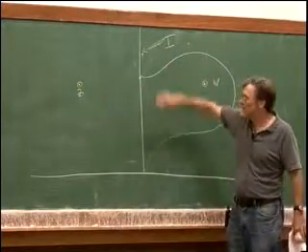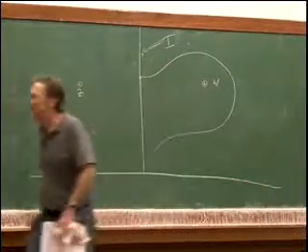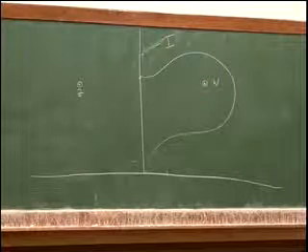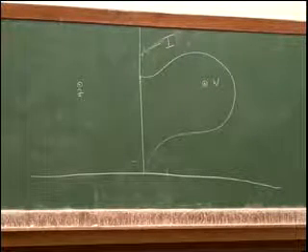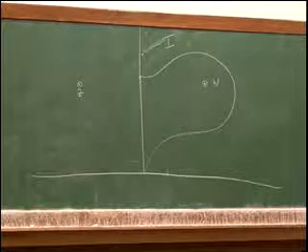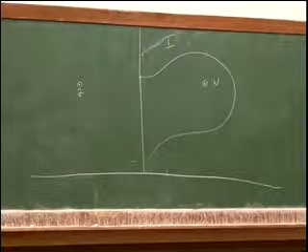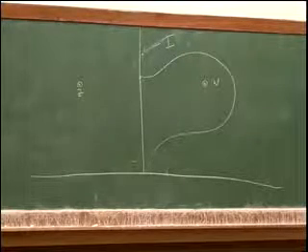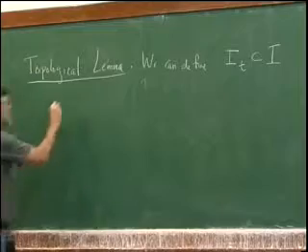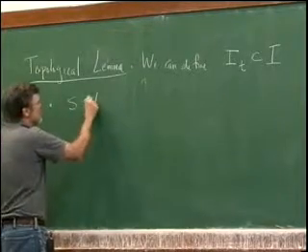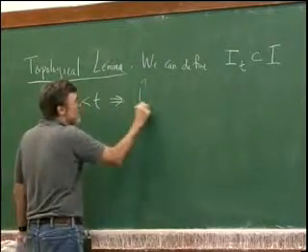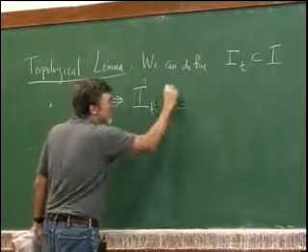So it starts with the whole line. But now, the real properties we want are the following. We want them to be decreasing. So S less than T implies I_T is contained in I_S.